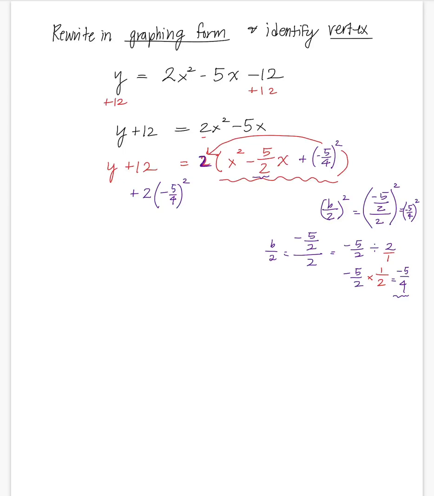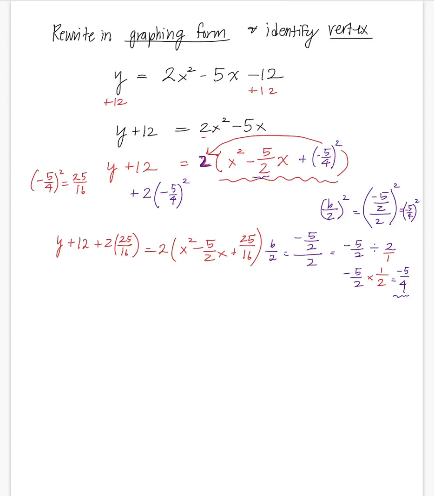So let's put this all nicely together. So now I have y plus 12 plus 2 times -5 over 4 squared, which is 25 over 16, equals 2 times x squared minus 5 over 2 x plus 25 over 16.